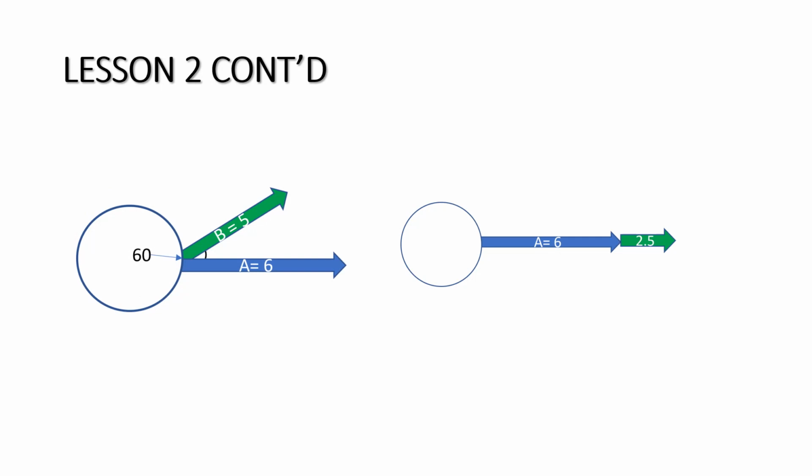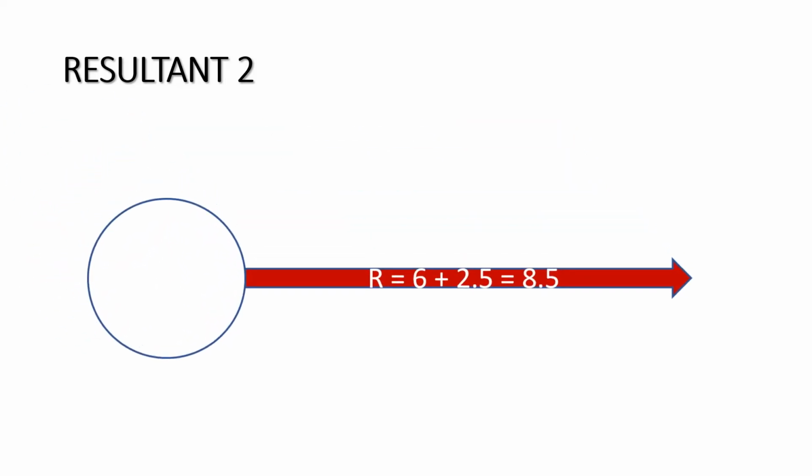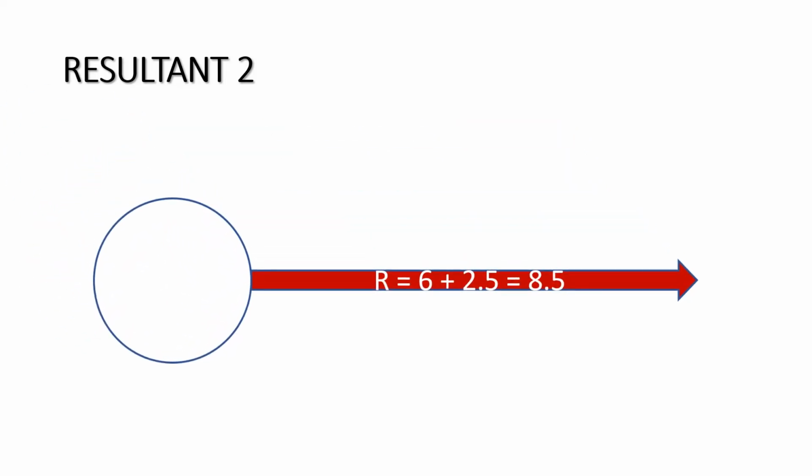The forces are not aligned in the same direction. In this case, the force effect of vector B is not as strong. From the previous slide calculations, vector A is augmented by 2.5 newtons from vector B. In terms of forces, the resultant is 6 plus 2.5, which is 8.5.